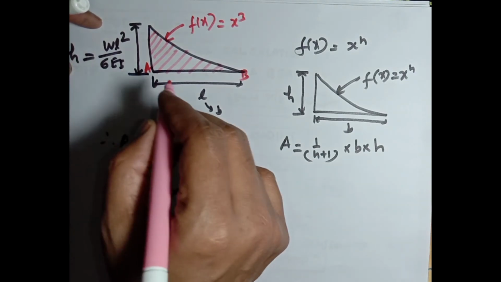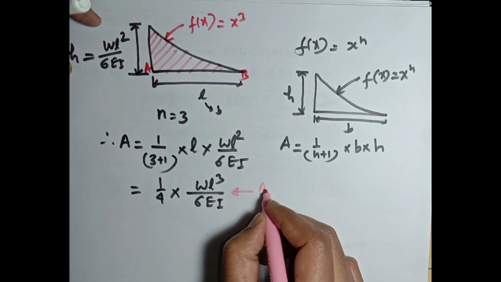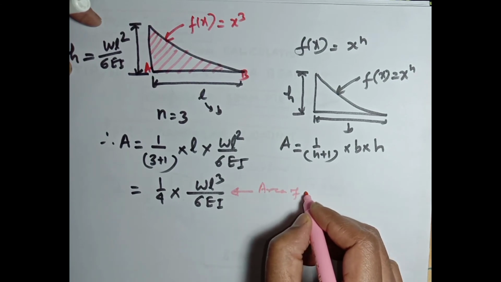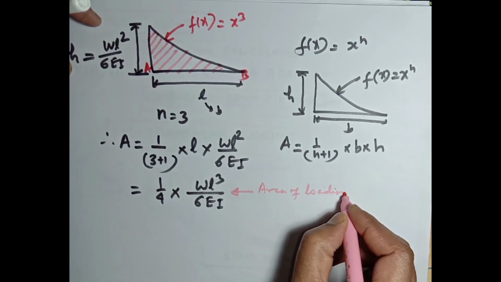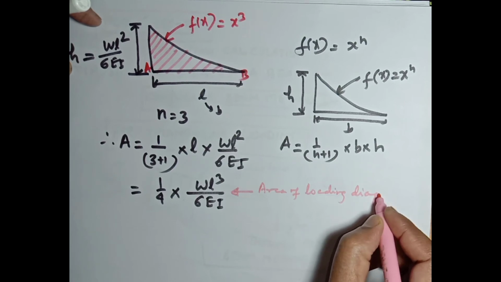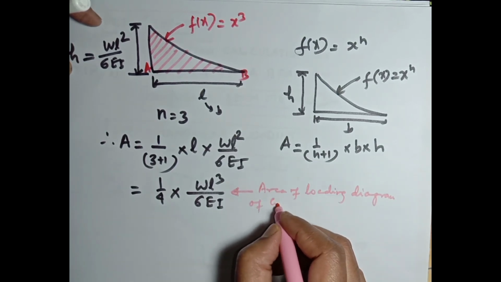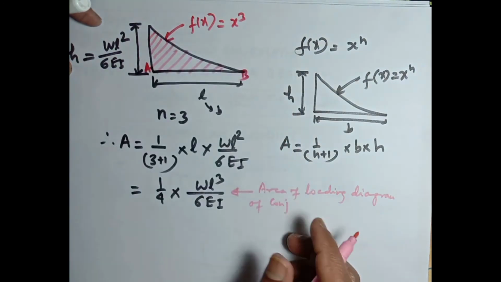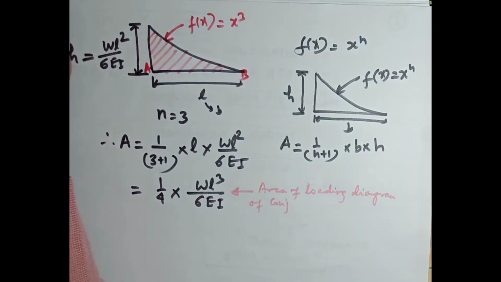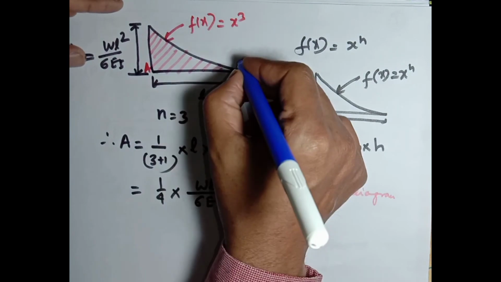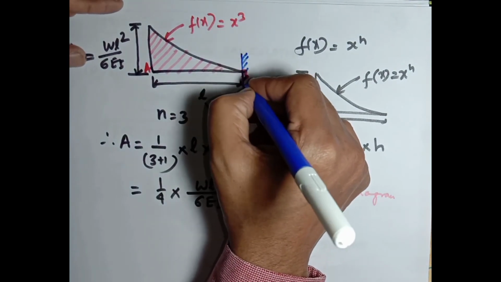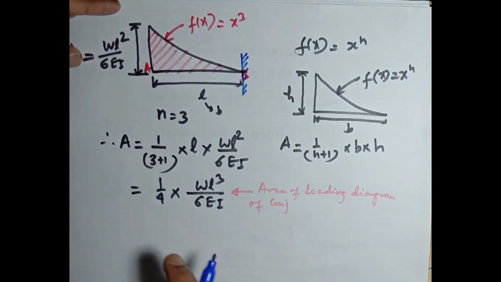You can say this is the area of the loading diagram of the conjugate beam. This is the conjugate beam and the fixed support is here. This is fixed. This is the free end.